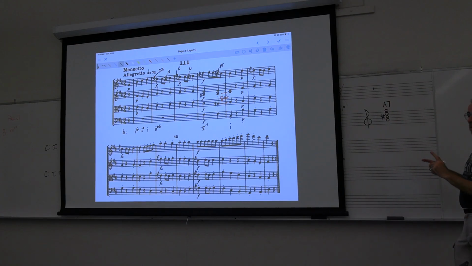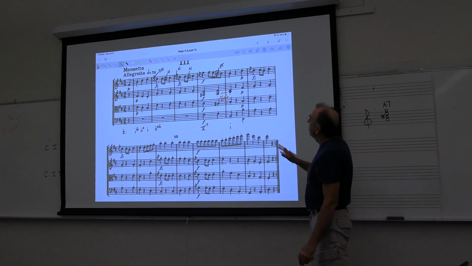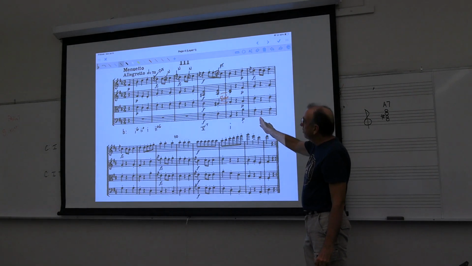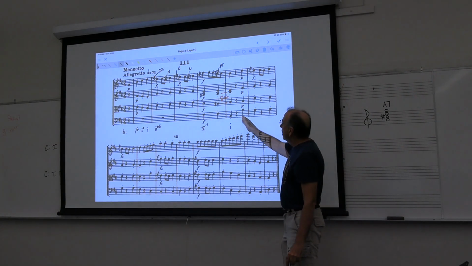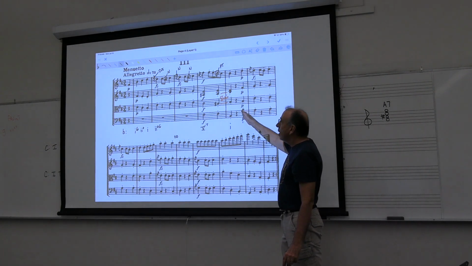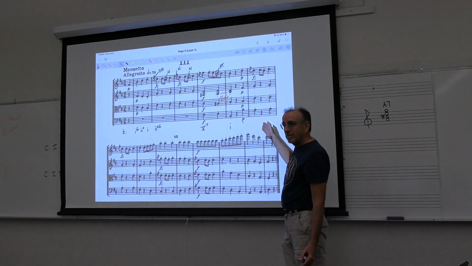Since we know we're modulating to D major, that chord has significance for us, right? That's 5/7 in the new key, and we back up. If we're looking for a common chord, this is 1 in the old key and 6 in the new key, and 6 to 7 doesn't really make sense in terms of analysis.